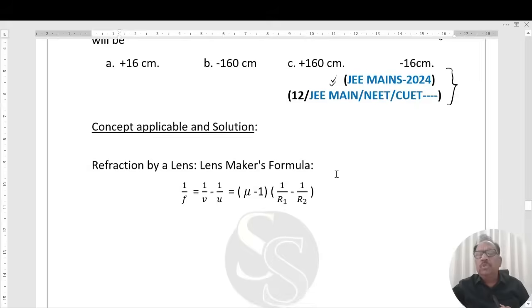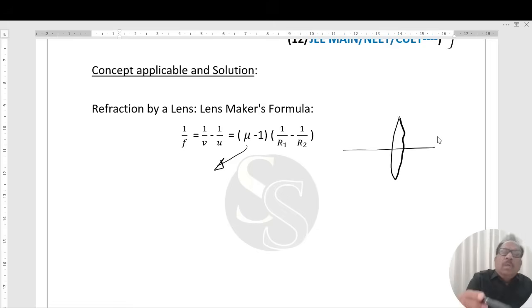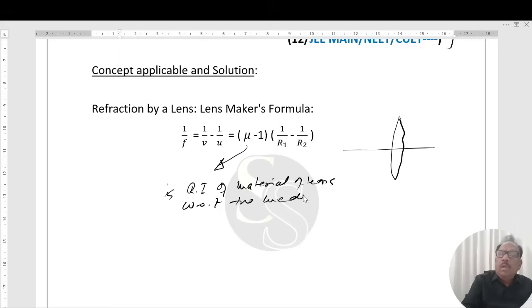Let's start the question. Lens maker formula is 1 over f equal to 1 over v minus 1 over u equal to mu minus 1 upon r. Main thing is very important. This is the biconvex lens like this, right? Mu is refractive index of material of lens with respect to the medium in which it is placed.